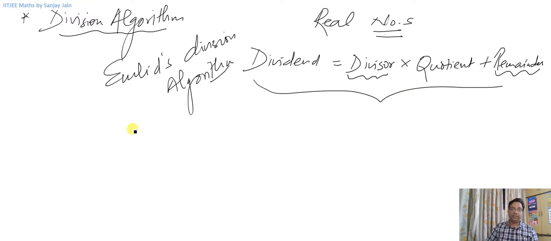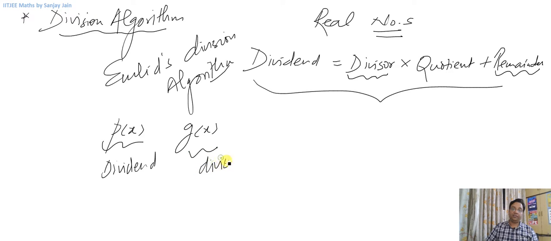Okay, let us say you have got two polynomials p of x and g of x. Let p of x be the dividend, and let g of x be the divisor. Now it is a divisor, so it should be non-zero.